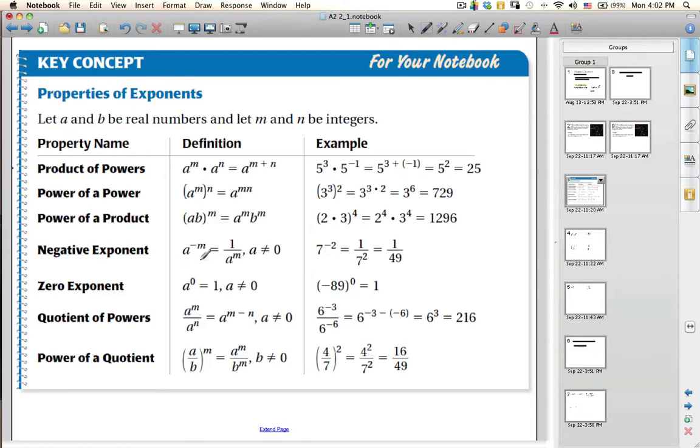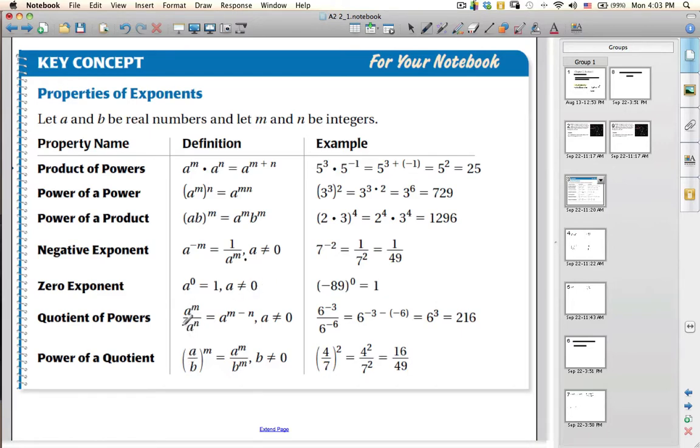I have the idea of negative exponents. So if I have a negative exponent, I can simply invert the power and make the exponent positive. So a to the negative m power becomes 1 over a to the m. Any number to the 0 power is equal to 1 except for 0.